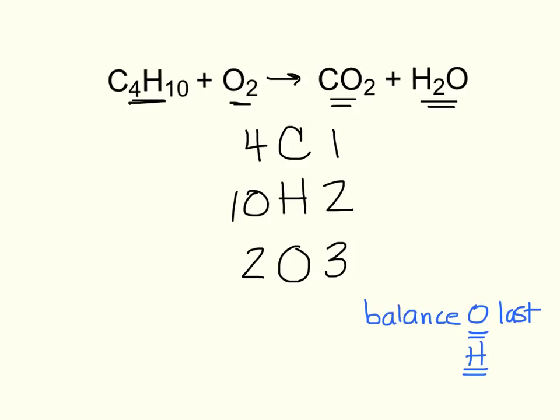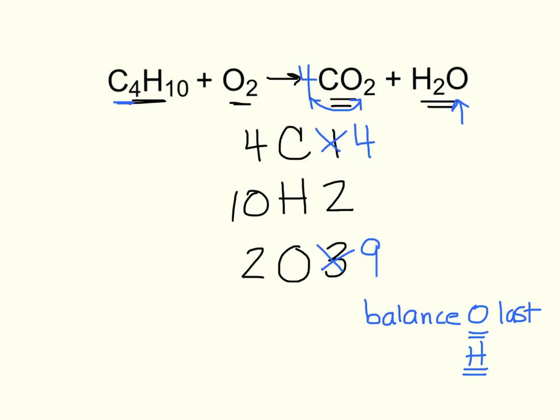All right, so I'm going to start with my carbons because I don't want to mess particularly with the oxygens yet. So if I change my carbons, I need to put a 4 on this side. And that gives me 4 carbons, but it now gives me, and be careful here, 4 times 2 is 8 plus this one. And so now I actually have 9 oxygens. All right.